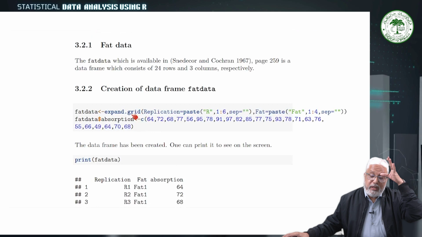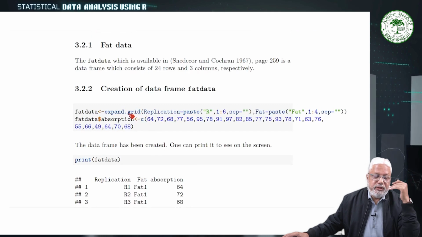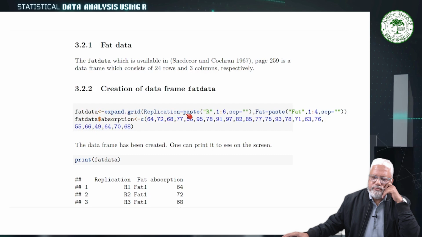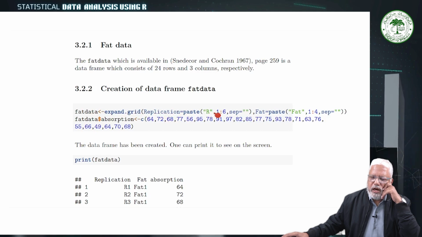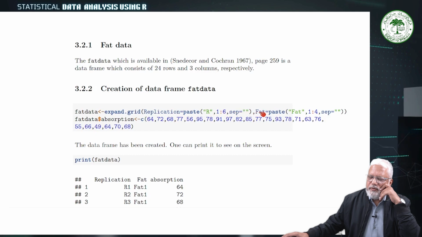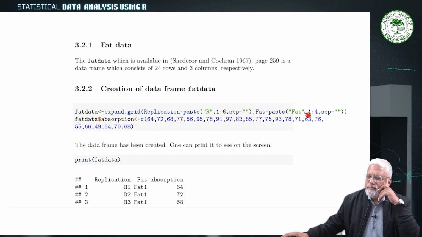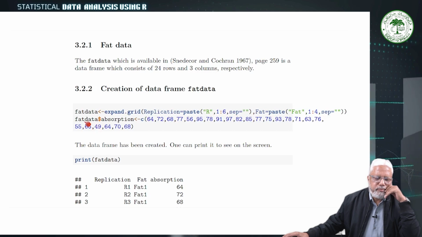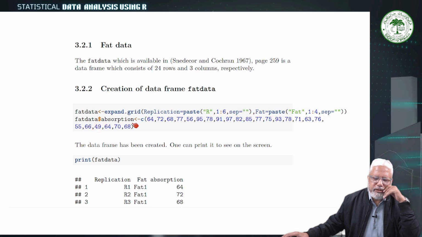So, how have we created the data? See, fat data, expand.grid, replication, paste are 1:6. So, there are 6 replicates of each. Then fat, there are 4 labels of fat, 1:4, and then fat data absorption.